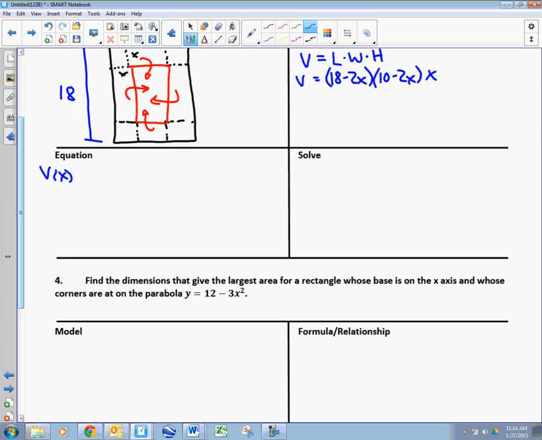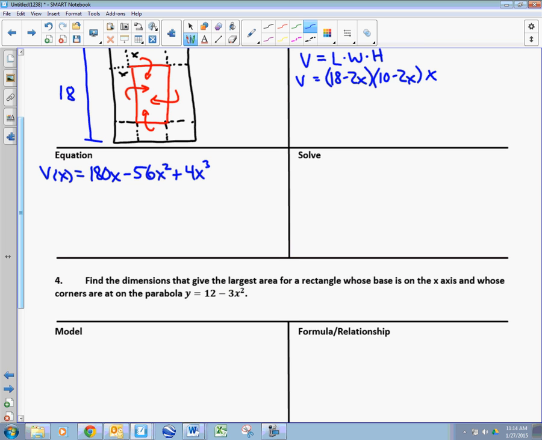Volume in terms of x is 18 times 10 times x is 180x. 18 times negative 2 and negative 2 times 10, negative 36 and negative 20 makes negative 56, and I will have an x squared. Negative 2x times negative 2x is 4x squared, and then times x is 4x to the third. There we have it.